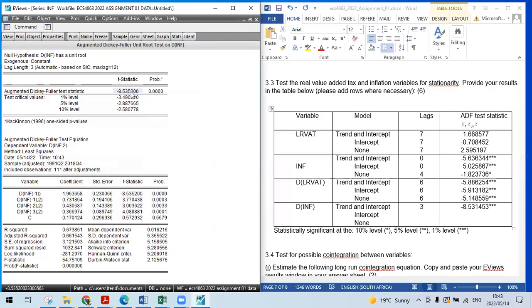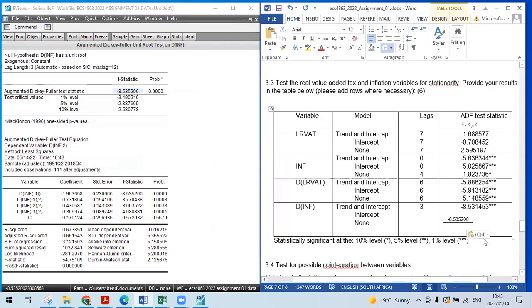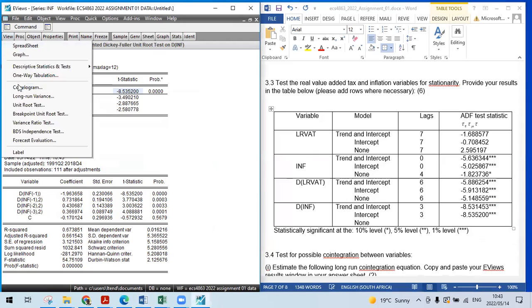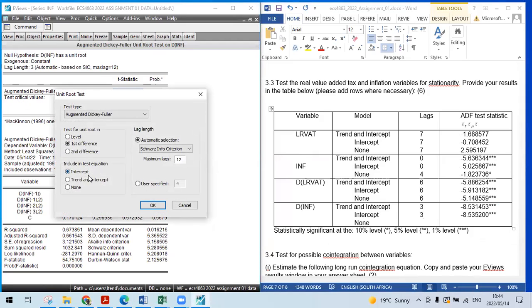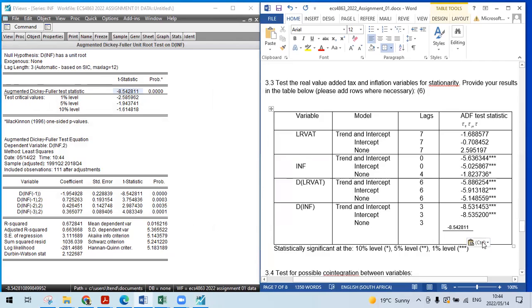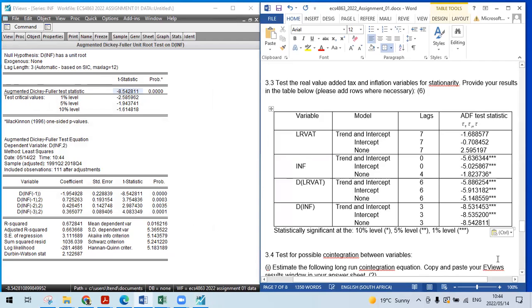How many stars? 3 stars. And the lag length? 3. What about none? How many stars? 3. Great. Now we can conclude that it's stationary after differencing once at 1% level of significance.